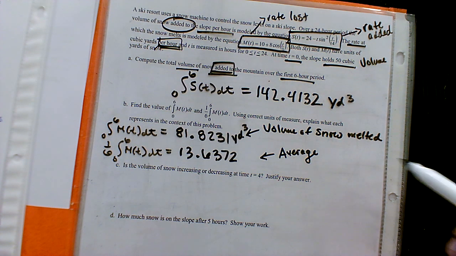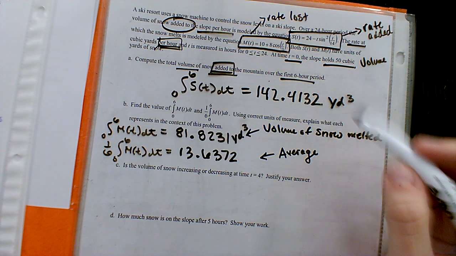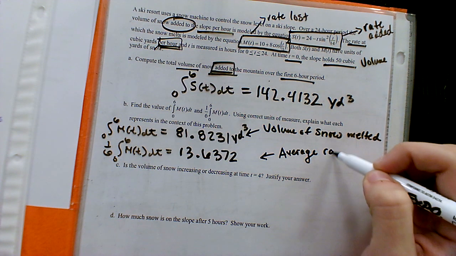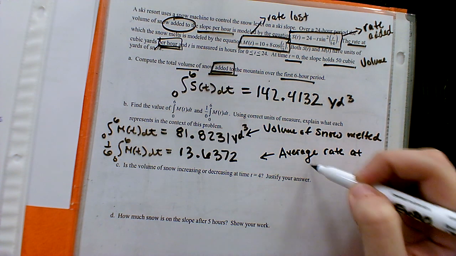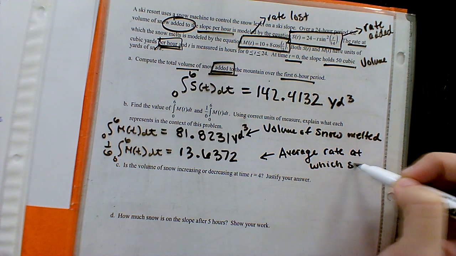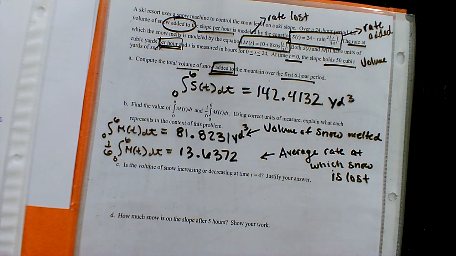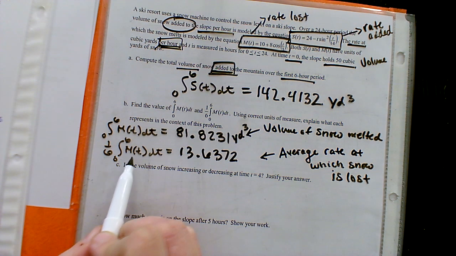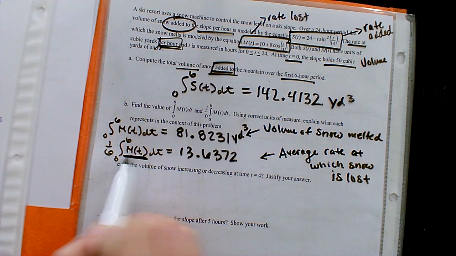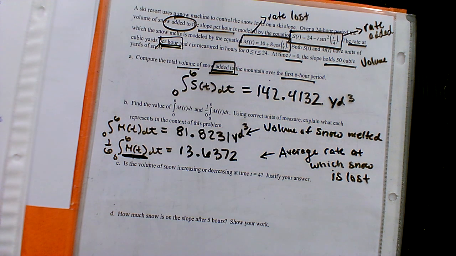Okay, so the average volume lost per hour, or in other words, the average rate at which snow is lost. To help you think about this, whatever this M of t function represented, we're just going to put the word average in front of it.